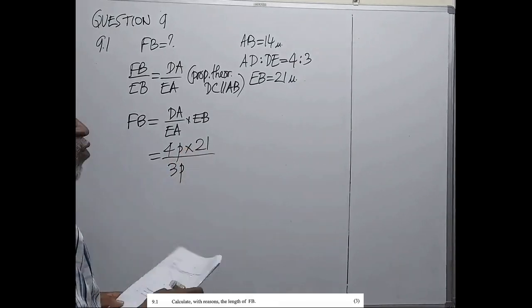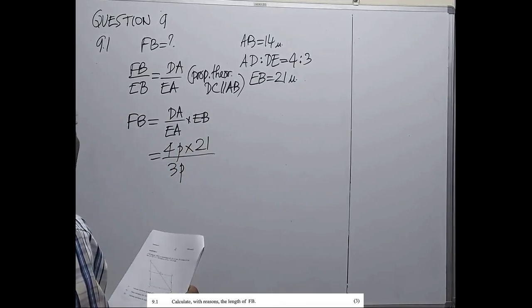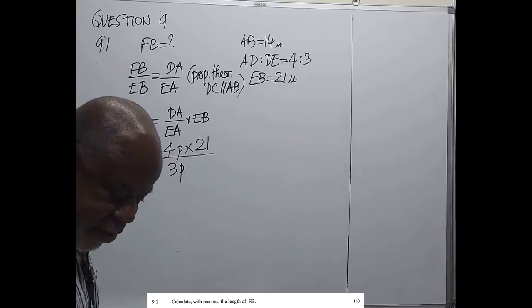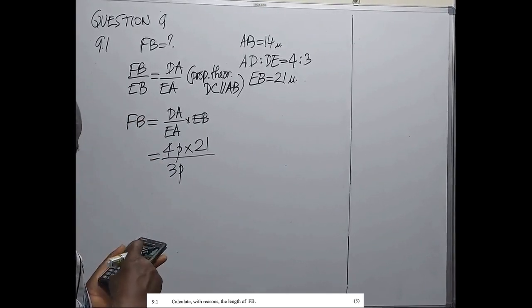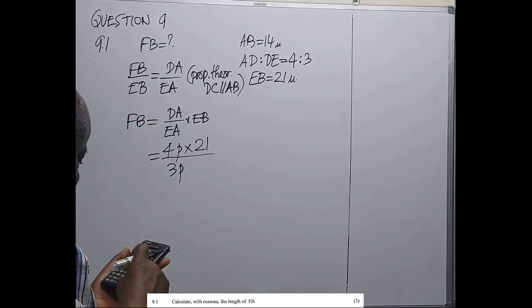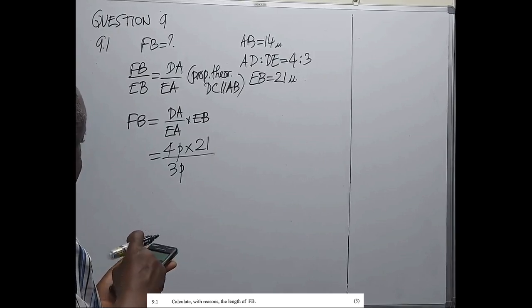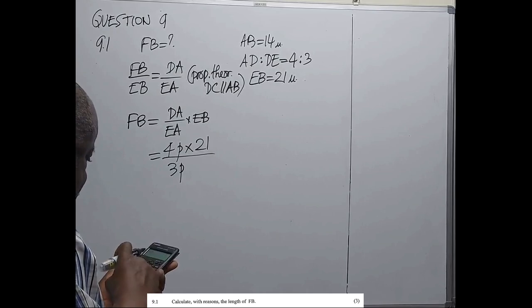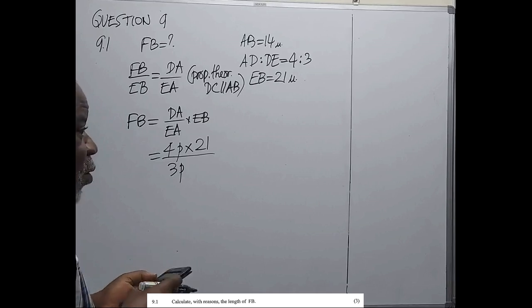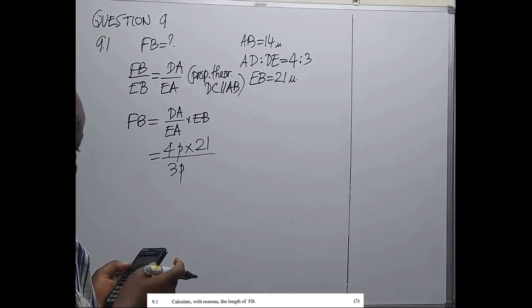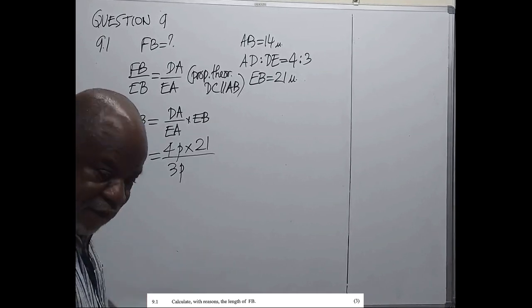So 4 times 21 divided by 3. Let's use a calculator. 4 times 21 divided by 3. Oh, sorry. Here, I think I'm making a mistake. We need to correct.